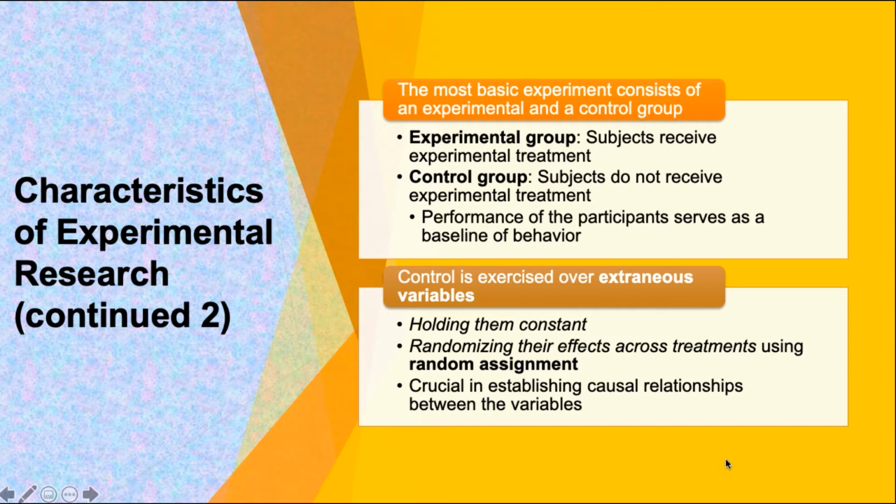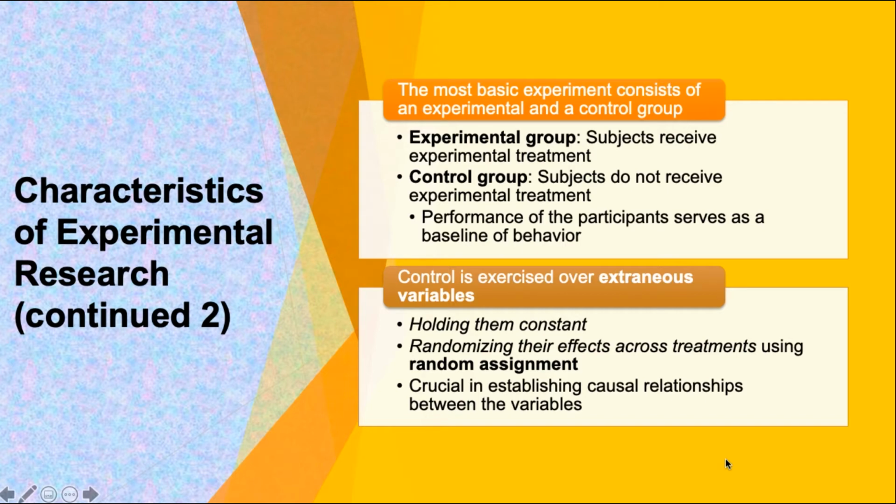For example, you may be interested in determining how well a new anxiety therapy, the experimental group, compared to an existing therapy, which is the control group, affects test anxiety in anxious students.